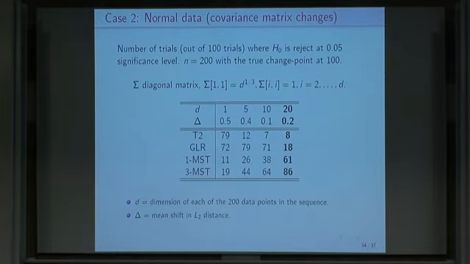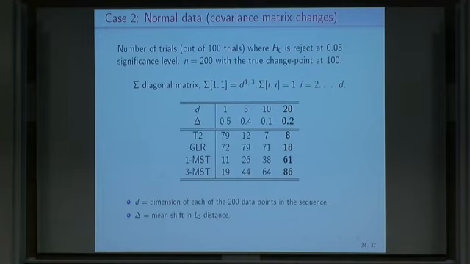And if at the change point, so still the length of the sequence is 200, and there is a change point at position 100. And if the change is in both the mean and the covariance matrix, then we see that the test based on the maximum over the Hotelling T-square, its power decreases very quickly because the assumption does not hold for this test.